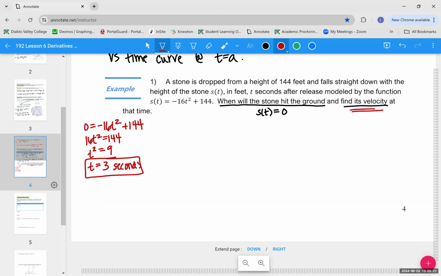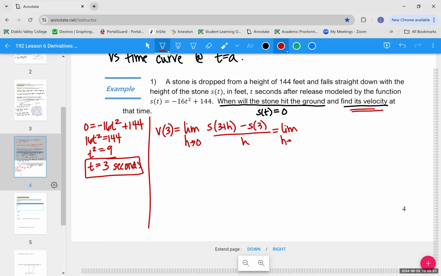But now I need to find the velocity at that time. So the velocity at 3 will be the limit as h approaches 0 of s of 3 plus h minus s of 3 all over h. So do you see that once again, I have started this process by just writing down the basic limit calculation I need to do.